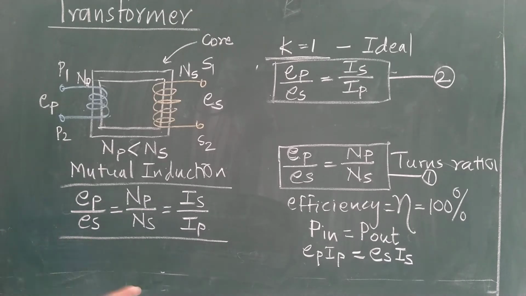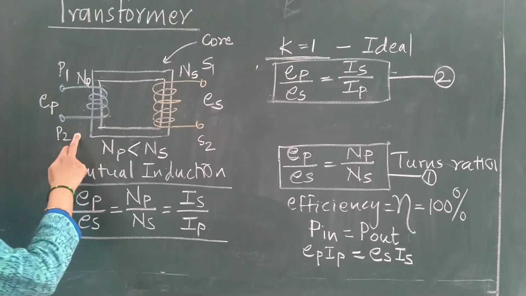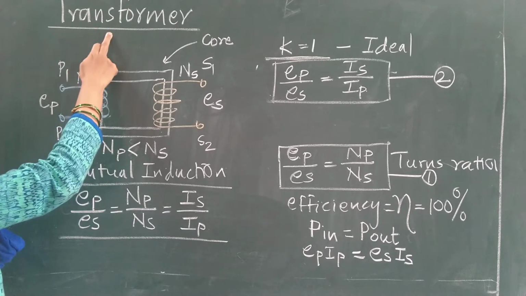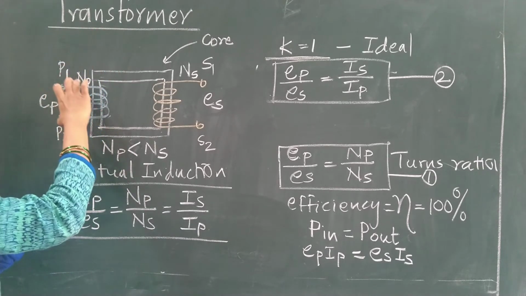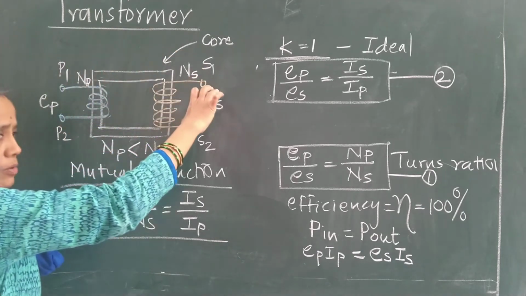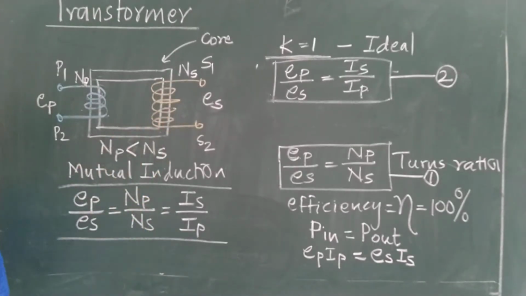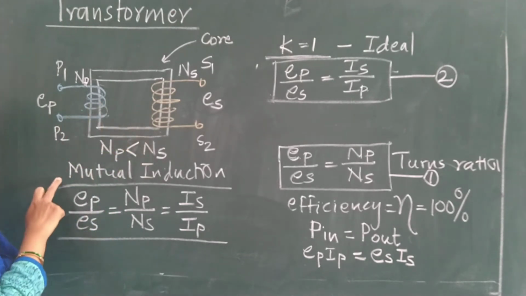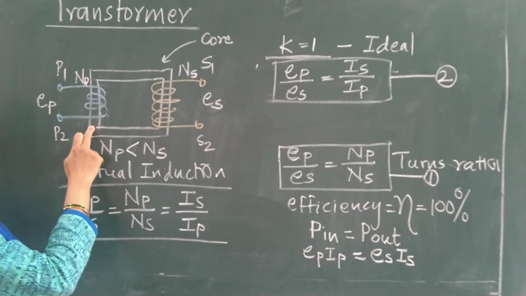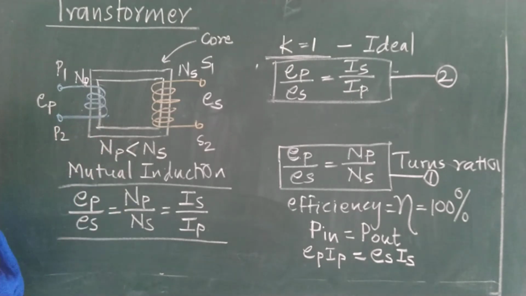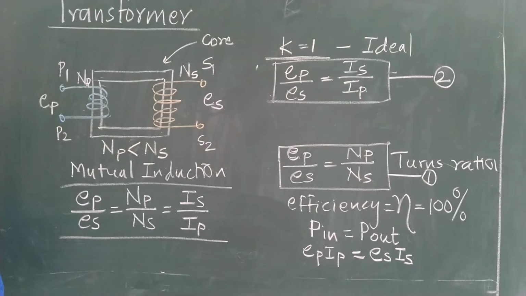Clear? I will again repeat all the things. The transformer is a device which can convert low voltage into high voltage or vice versa. This transformer device works on the principle of mutual inductance. Third point, in the case of an ideal transformer, the coefficient of coupling is always equal to 1.